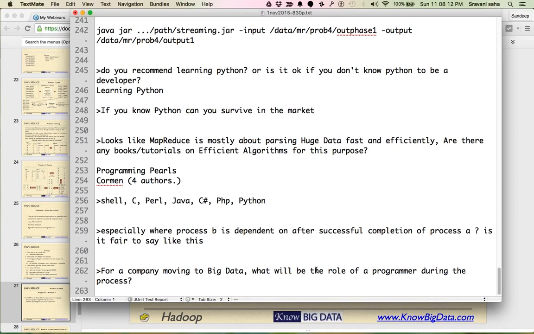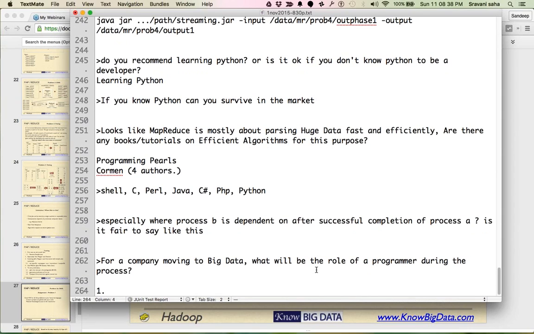The programmer should be involved in everything. Generally, when I think about the whole project, the programmer, tester, and everybody should be involved in the decision making process.